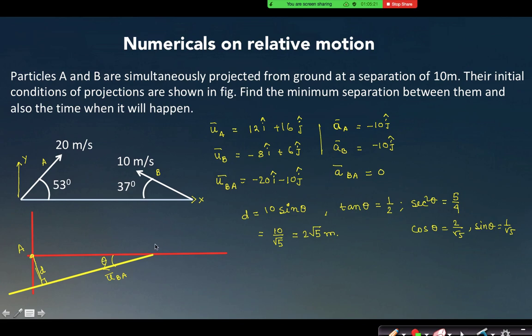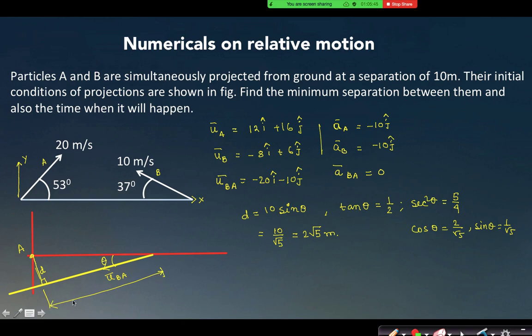Now, how do I find the time when it will happen? How much distance B will travel with respect to A in order to reach this point?